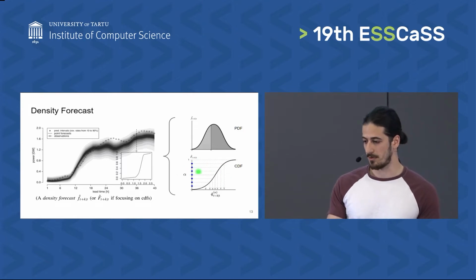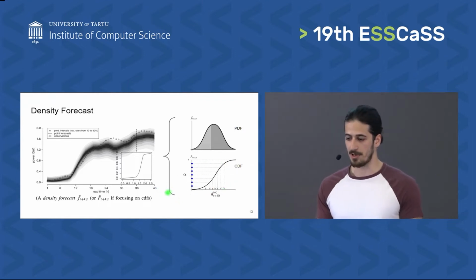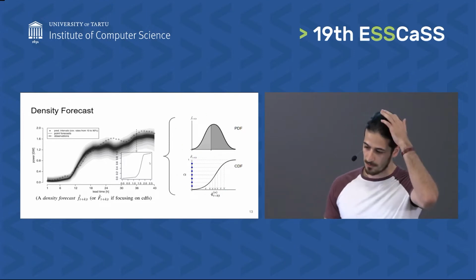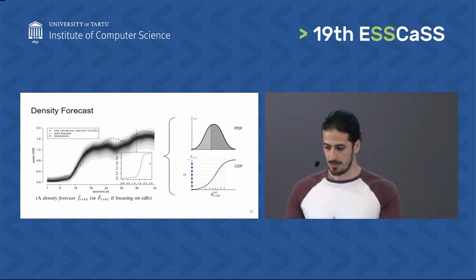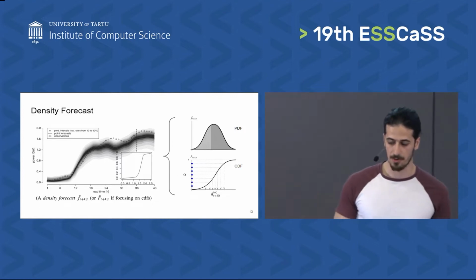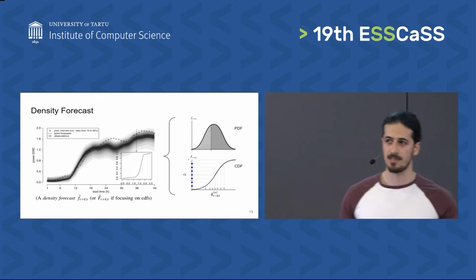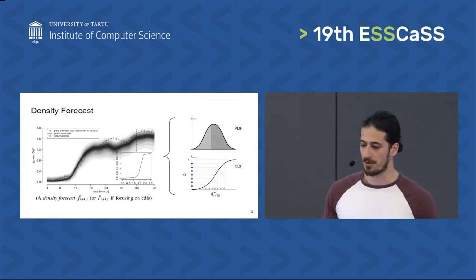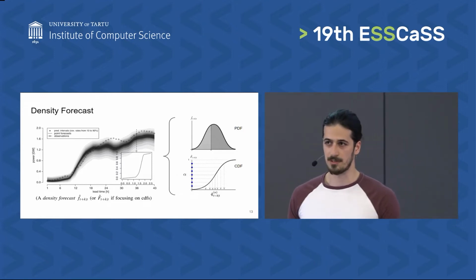Many different quantiles are queried from the model, and it learns this inverse relationship. In effect, we are able to represent the distribution of the underlying variable, either in terms of PDF or CDF, it doesn't matter. What is common among all these types of forecasts is that they are informing us marginally about the data.